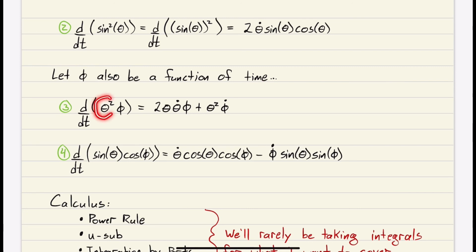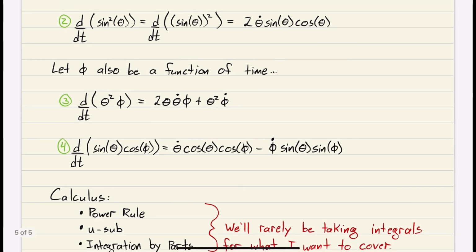So let's take the derivative of theta squared. Well, we did it up above, right? It's 2 theta theta dot. So derivative of the first times the second, phi, plus the first, theta squared, times the derivative of the second. What's the derivative of phi? Phi dot.